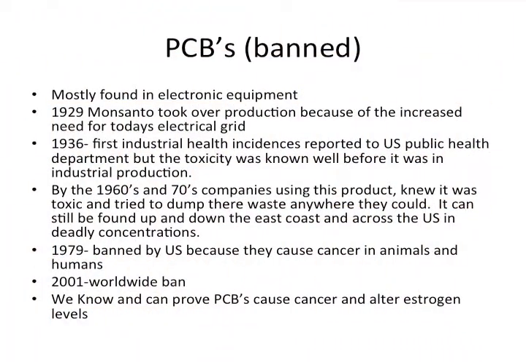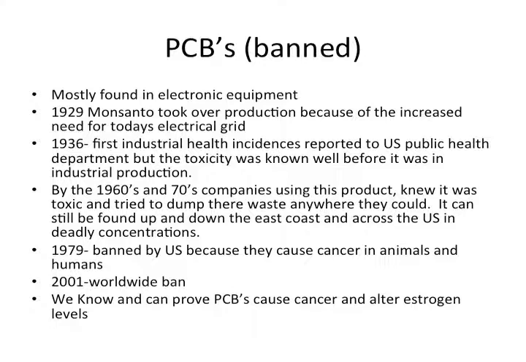The next chemical that I'm going to talk about is PCBs. Basically, they're used in electronic equipment. If you look out at the power lines and the transformers out there, they probably all contain PCBs still. In 1929, Monsanto took over that because it was getting out of control with the amount of production that needed to happen.